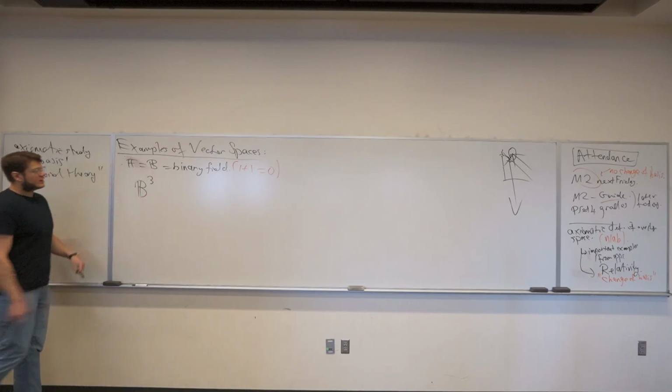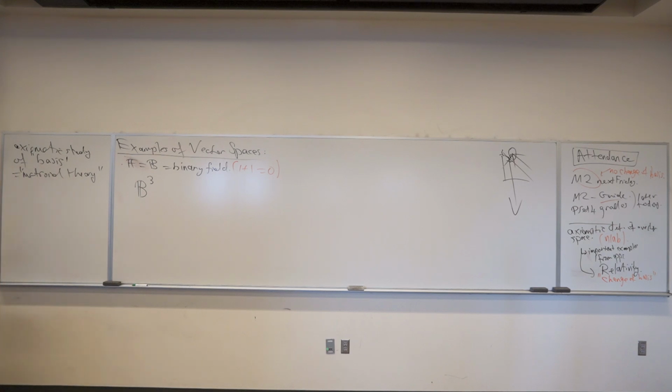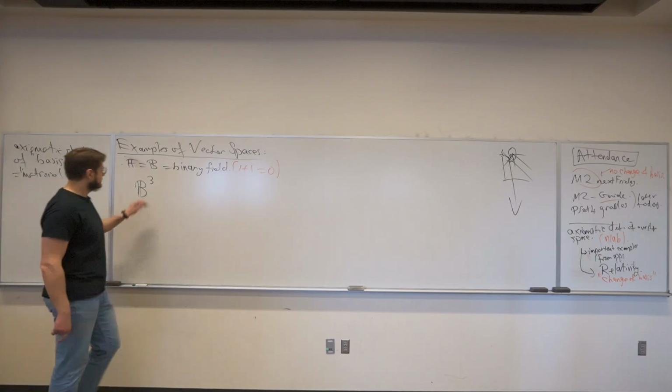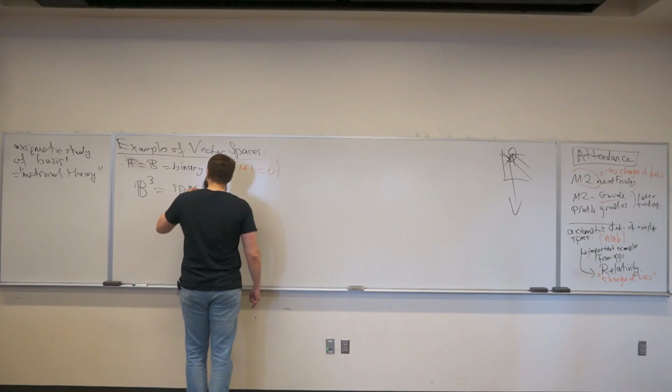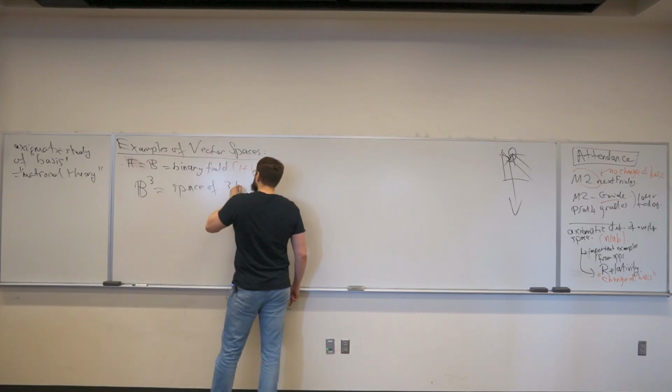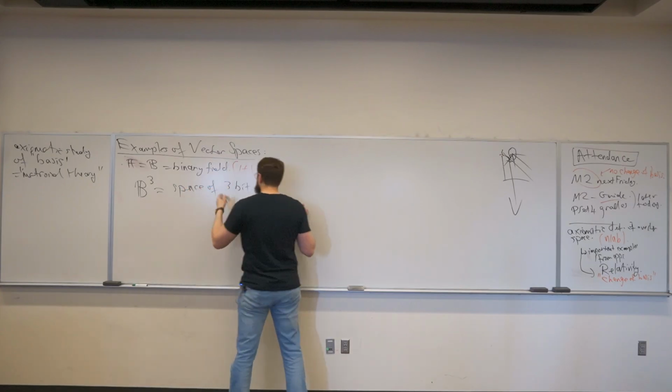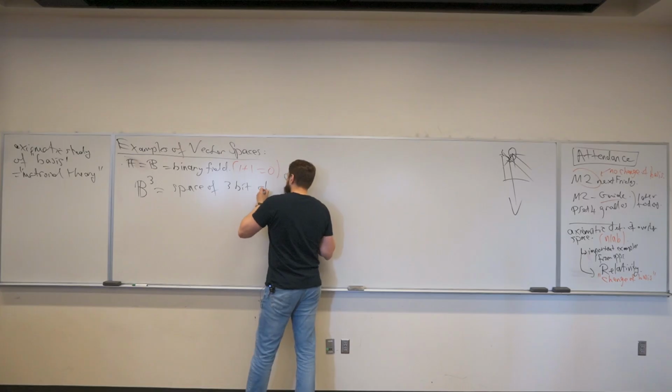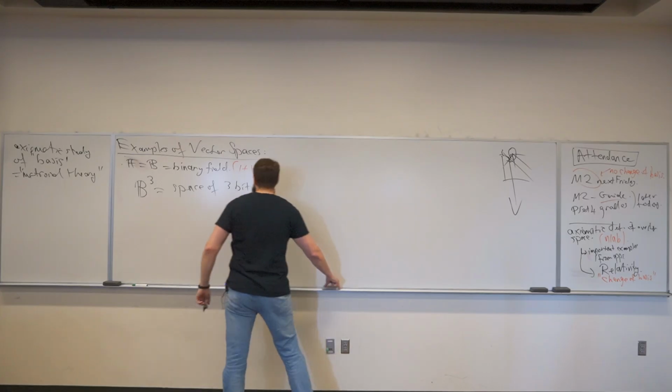So this is the three-dimensional binary space. But you can also think of it as the space of 3 bits. One dimension here gives you 1 bit. Maybe I should say 3-bit code blocks, better perhaps.